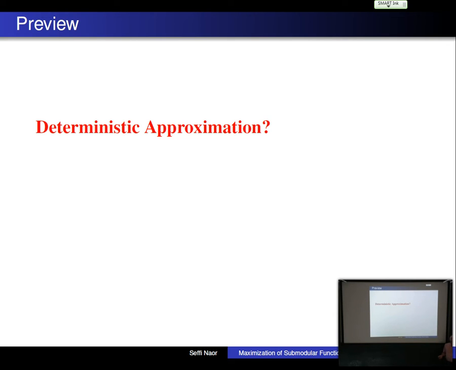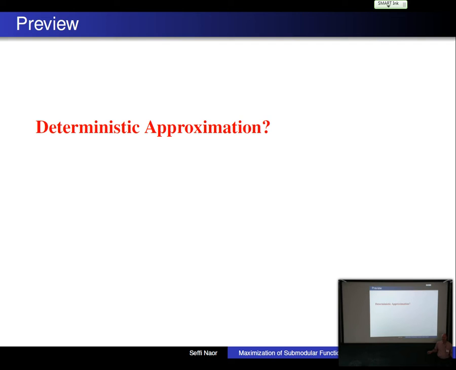Now, a natural question is: we saw a randomized half approximation to the unconstrained maximization problem. The deterministic version of the randomized algorithm only gives 1/3.